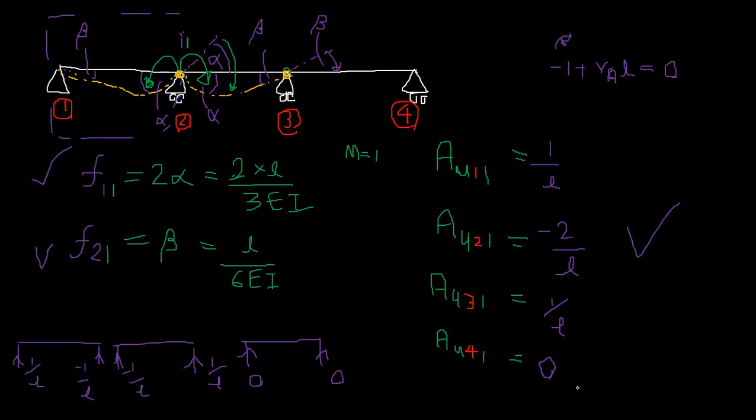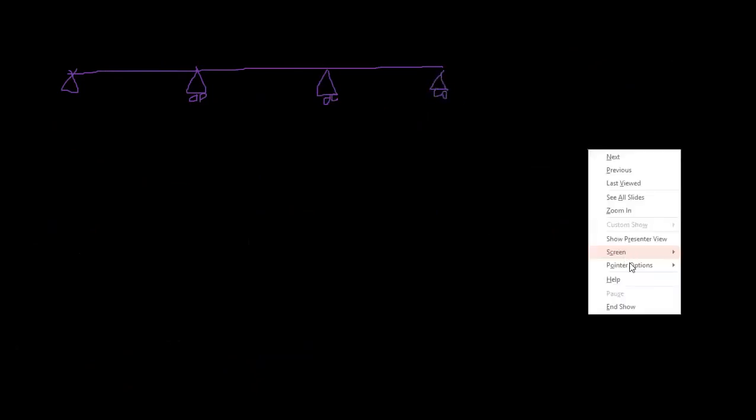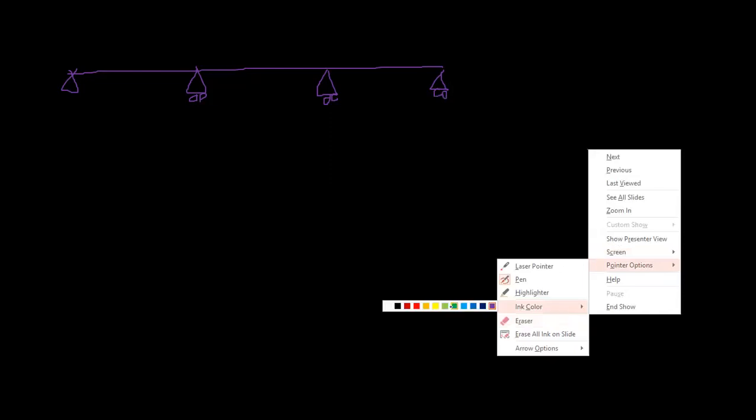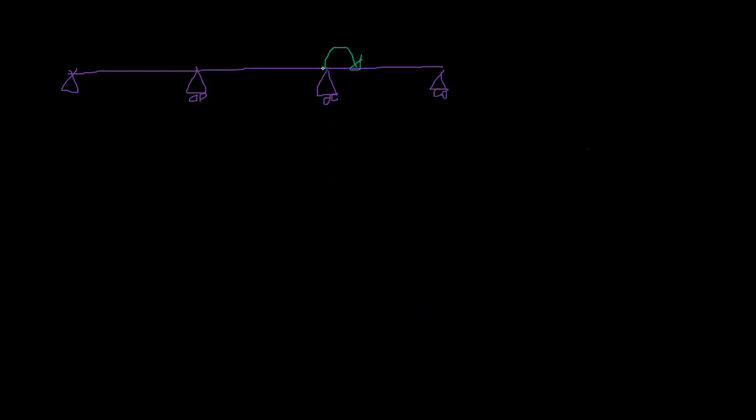So the first coordinate is okay, and I go ahead and apply a unit redundant at the second coordinate, right? If you apply it like this, it will be like this, in the same fashion, right?